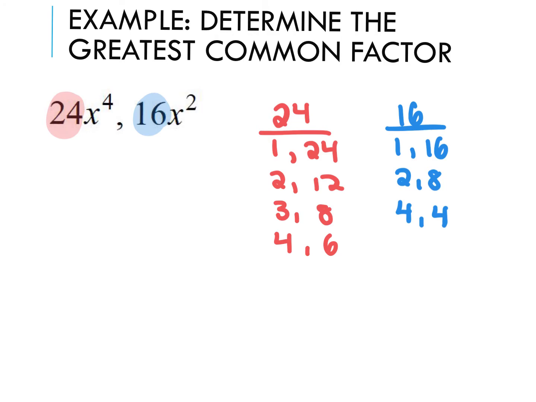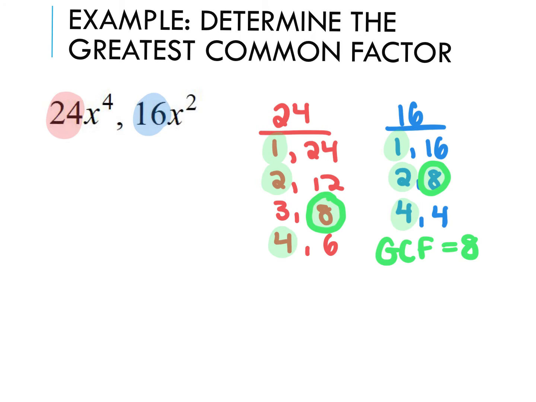Now when I determine the common factors here, both of these have a 1, they both have a 2, a 4, and an 8. However, we're looking for the greatest of these common factors, and the greatest of them is 8. So our greatest common factor is 8.